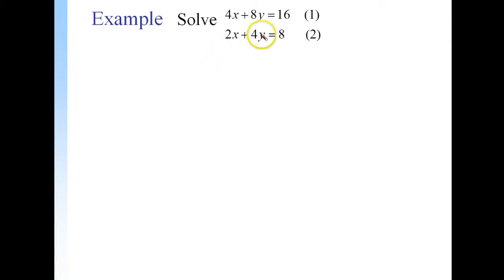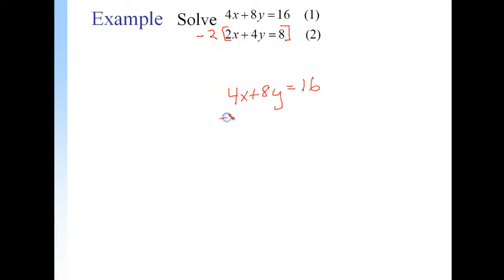And what we do is we write the first equation. We're going to multiply the second equation by something that will cause one of these terms to cancel out. So if I multiply each term by a negative 2, I'm making an equivalent equation.